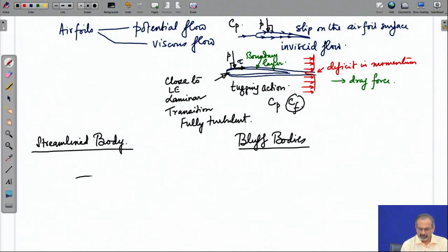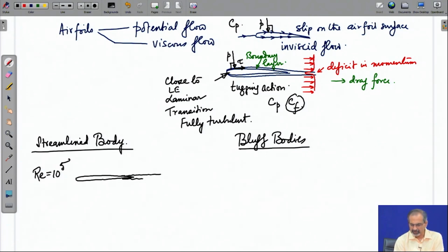So, when you look at an airfoil section immersed in a flow at a Reynolds number of the order of 10 raised to the power of 5, you find that there may be some separation close to the trailing edge, because of which there is a wake formation behind the airfoil. And as the Reynolds number increases, you will find that the separation point moves further downstream, and thereby there could be a still thinner wake produced.